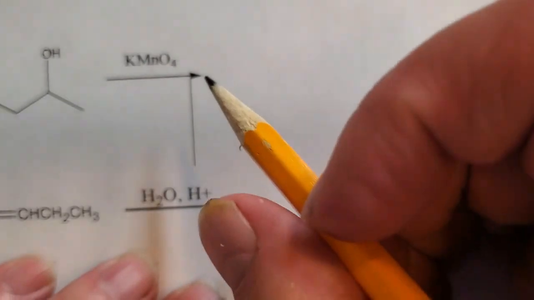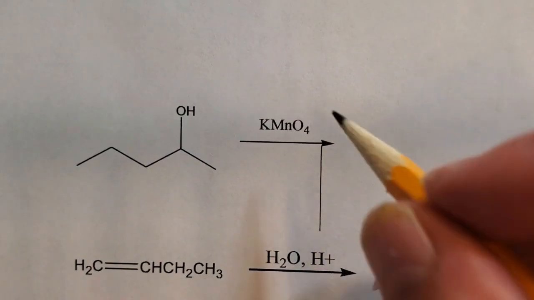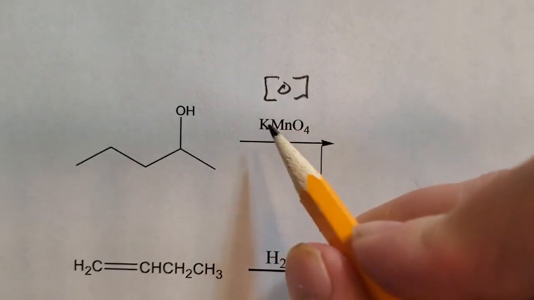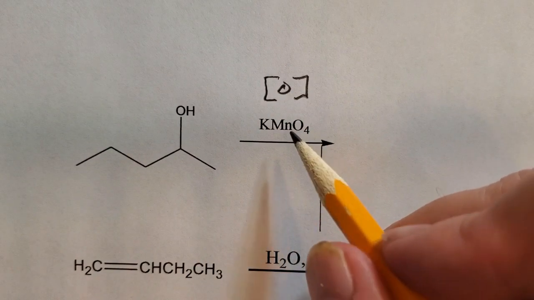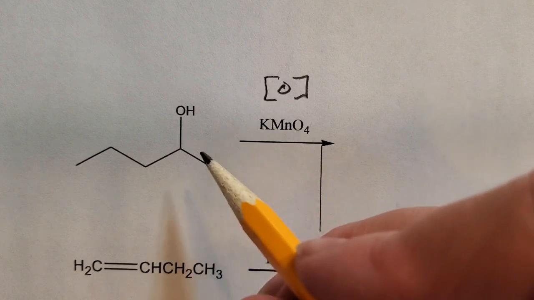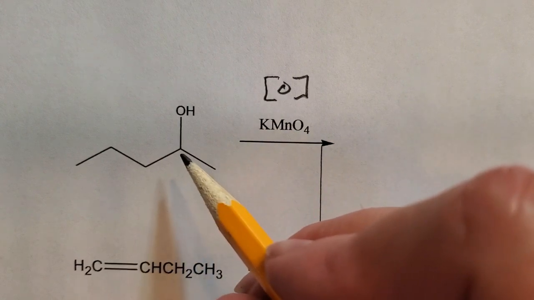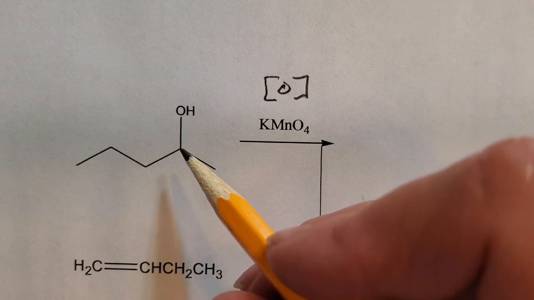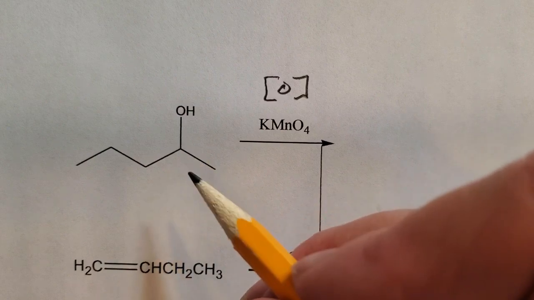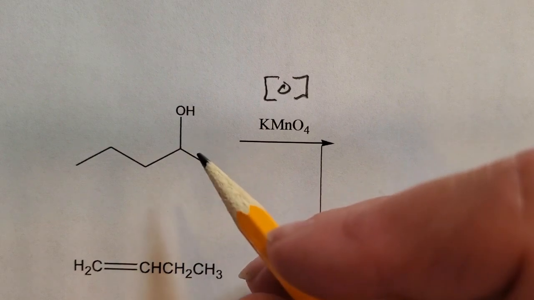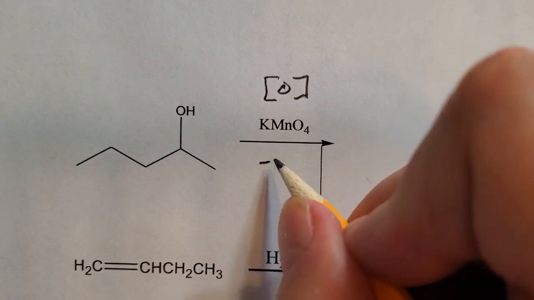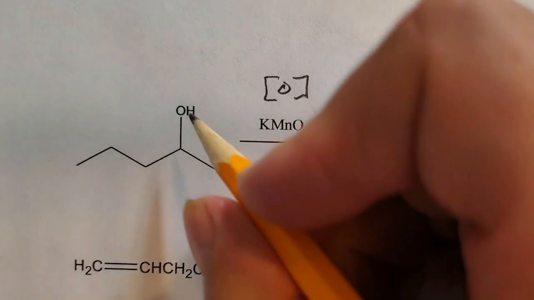Let's go to the next reaction. So this is an oxidation. So this is potassium permanganate, which is an oxidizing agent. So we're going to look at the oxidation of a secondary alcohol. And the oxidation of a secondary alcohol is going to give us a ketone. So we're going to actually lose 2 hydrogens.